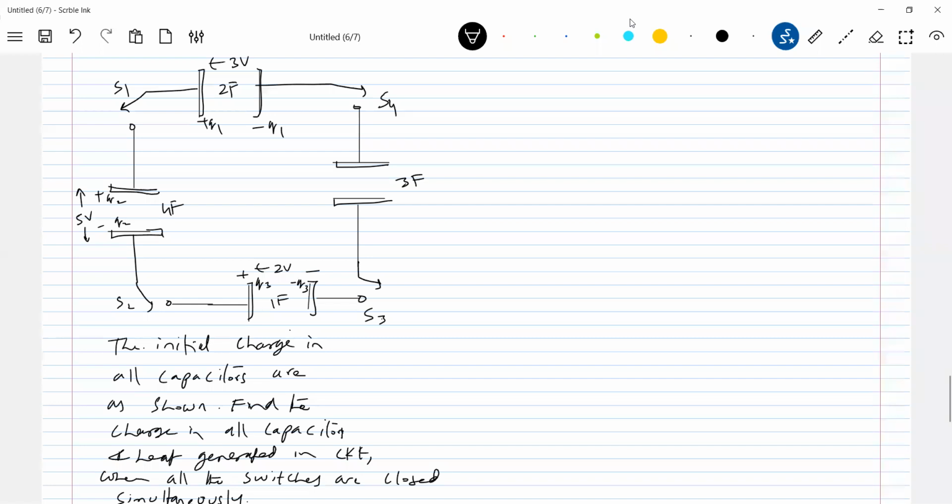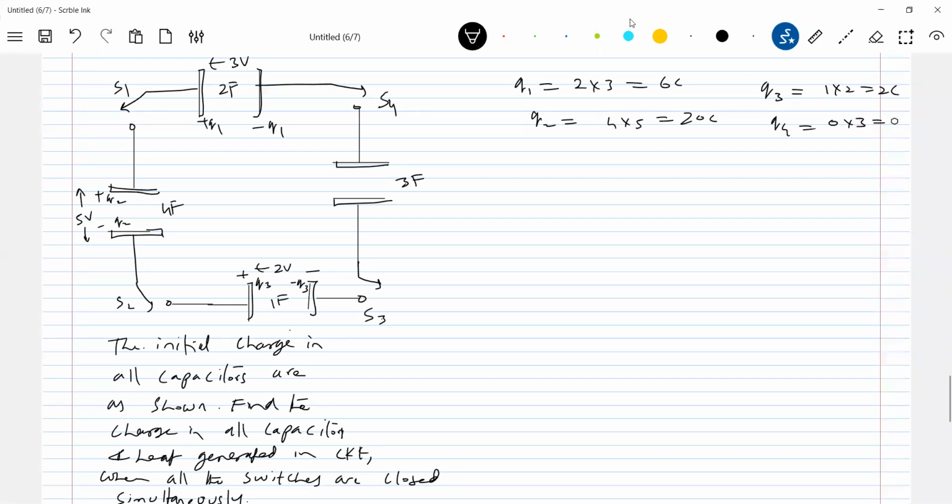So first we'll calculate the initial charges. Q1 should be equal to 2 into 3, 6 coulombs. Q2 should be equal to 5 into 4, capacitance into voltage, C into V, so 20 coulombs. Q3 is equal to 1 into 2, 2 coulombs. Q4 is 0 into 3, 0. No charge in that.